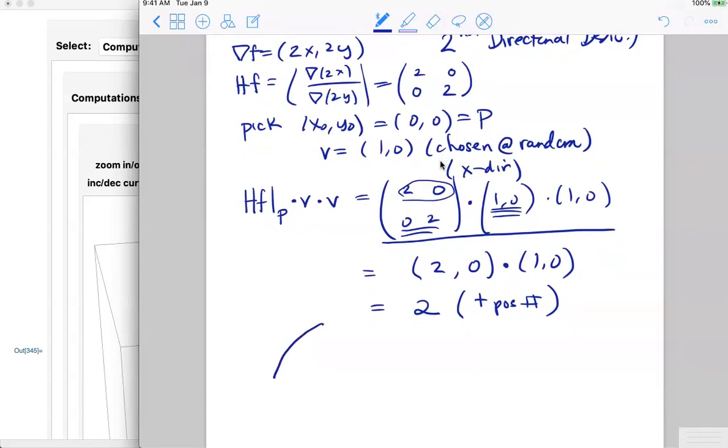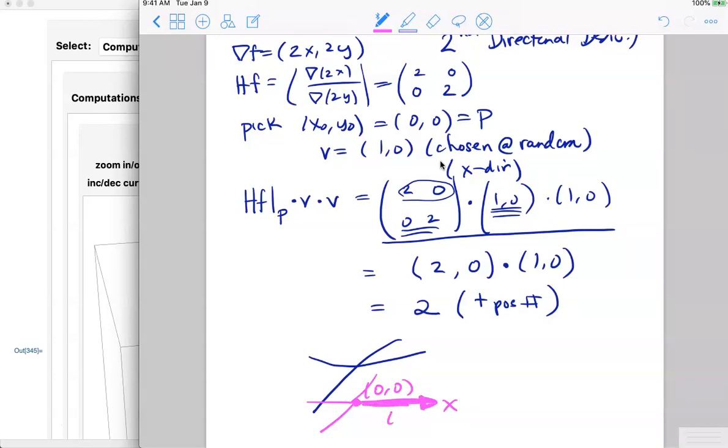And what we know then is that this function, saddle points are always kind of hard to draw. I'll try to draw it this way. What this function looks like at the point 0, 0, and let's make this our x direction.